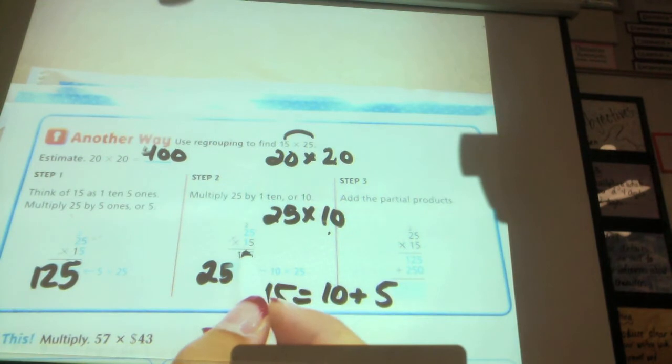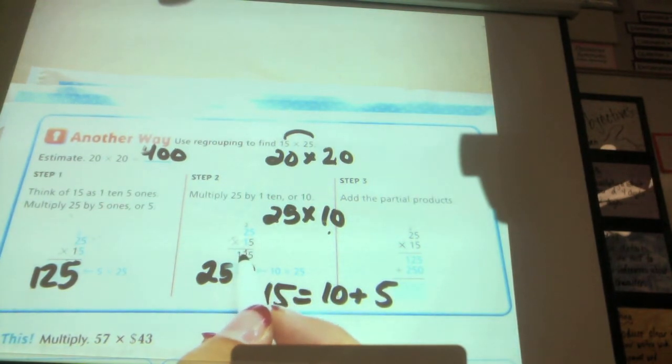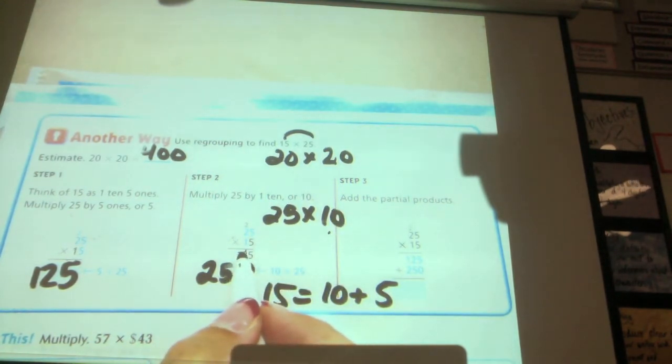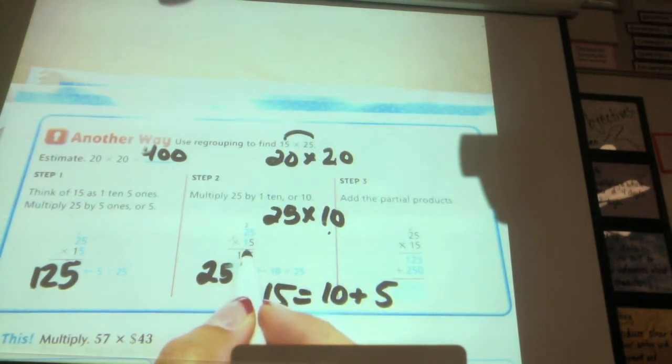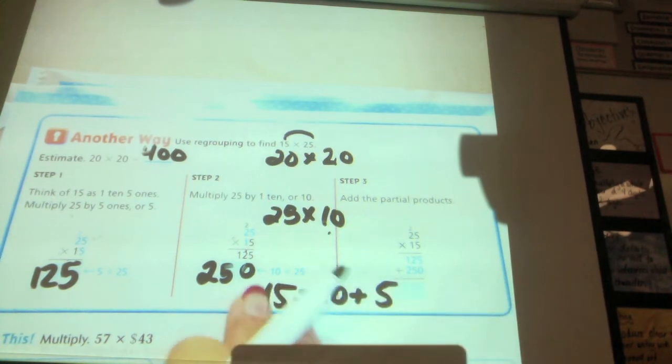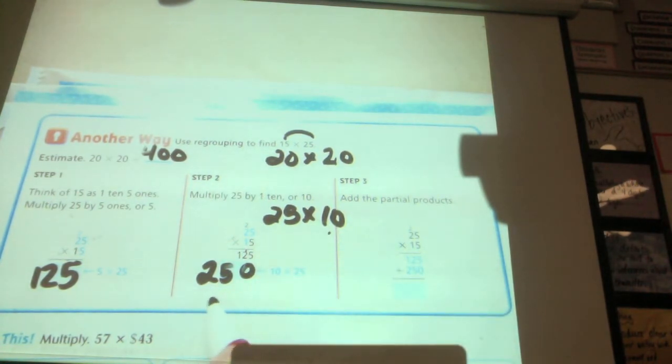So if you had $15 and then you spent 5, do you only have $1 left? How much do you have left? 10. Because that 1 stands for 10, not 1. Right? So that's where I'm getting that it is a 10. Okay? So now I have 250 for my bottom number.